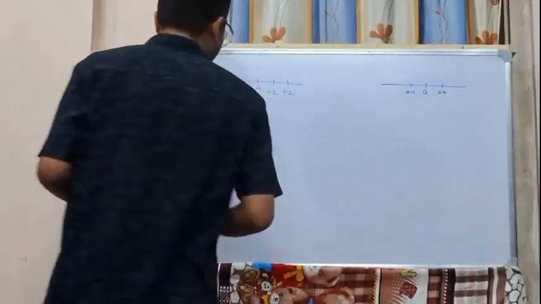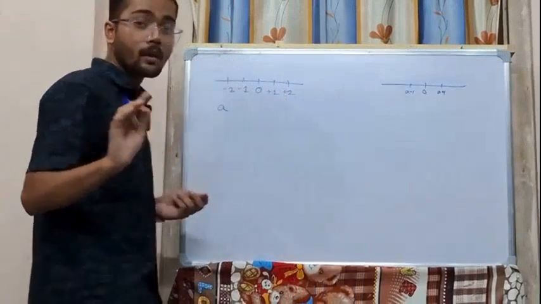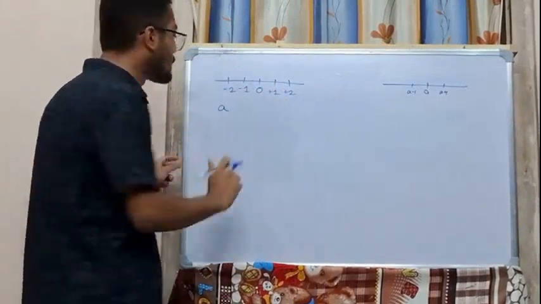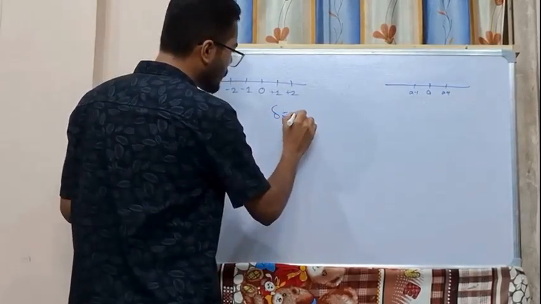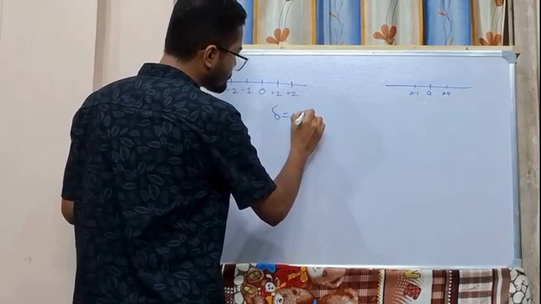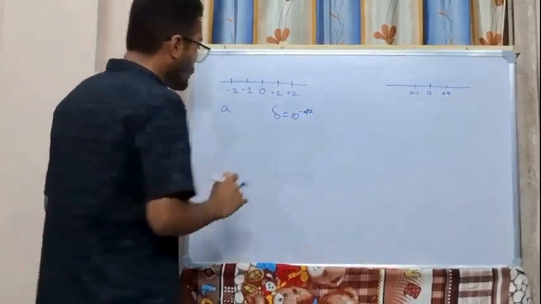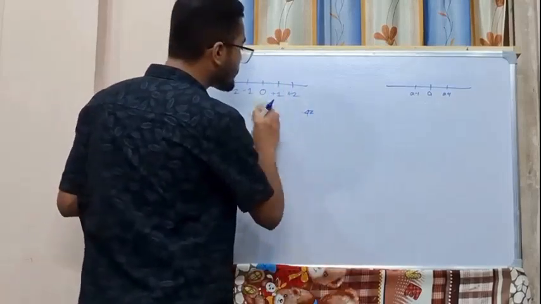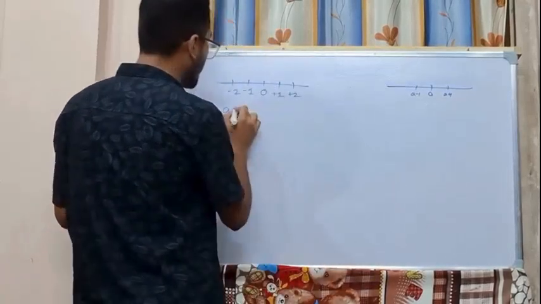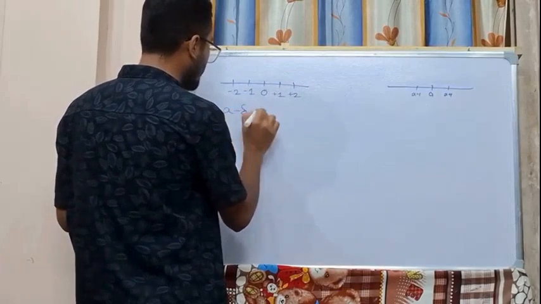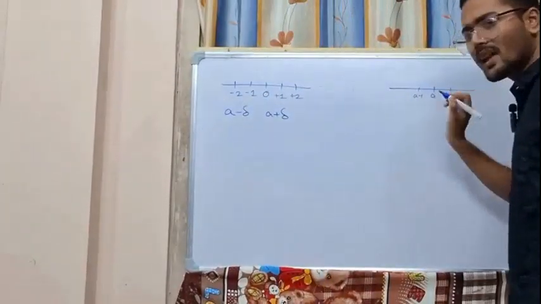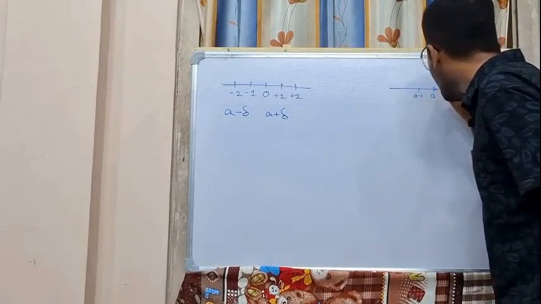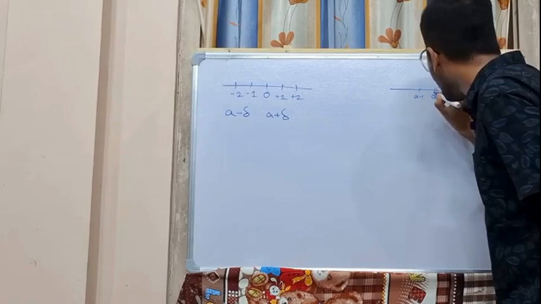Now we consider a very small, infinitely small number, delta. Suppose delta is 10 to the power minus 47, very small. If we subtract this infinitely small number from A and add it to A, we get A minus delta and A plus delta.